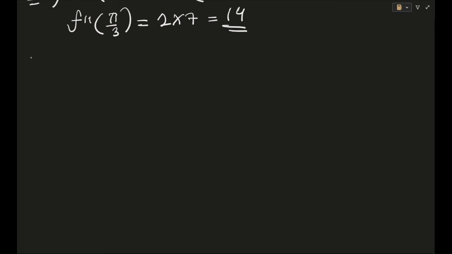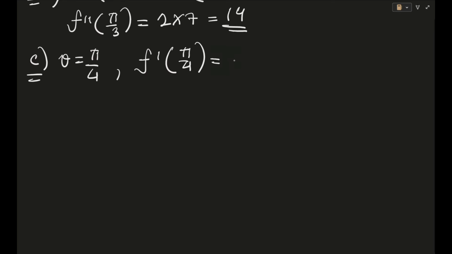Similarly, in option number C, we get this at theta equals pi by 4. We had to find out f single dash, not f double dash. It was actually df by d cos theta, right? So first thing we have to find is f single dash pi by 4, which is secant pi by 4 tan pi by 4, so root 2. And sine pi by 4 is obviously 1 by root 2.